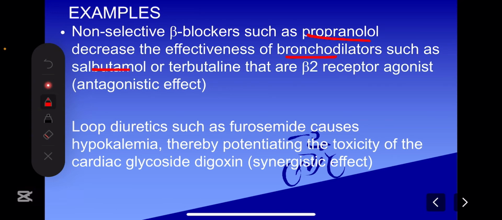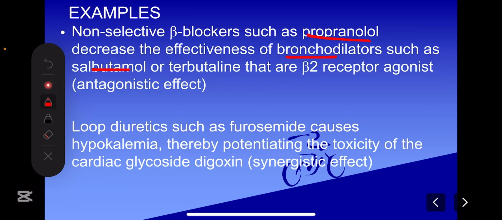Salbutamol is a beta 2 agonist. Do you get that now? It wants to excite beta 2. Propranolol is an antagonist to both beta 1 and beta 2. It will go to beta 2 and block beta 2. Salbutamol will come and want to excite it. What do you want to excite when it is blocked?